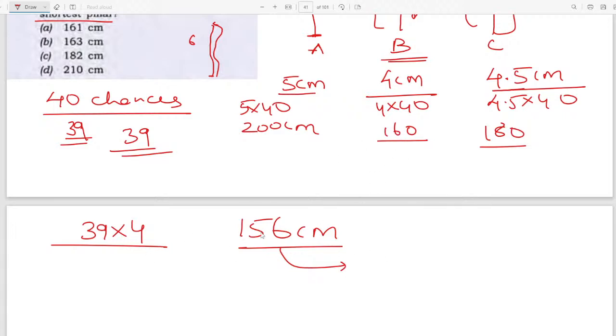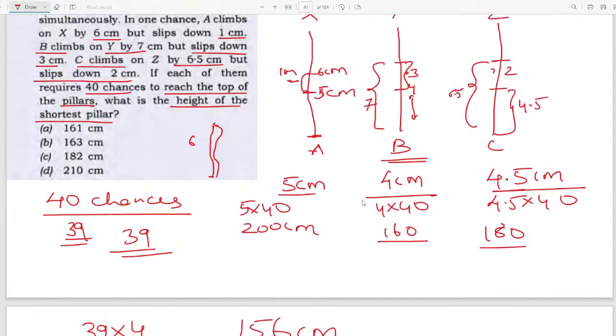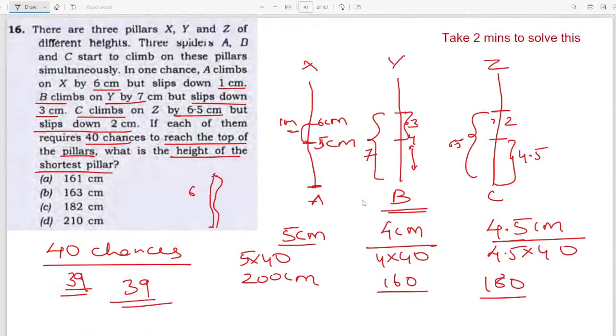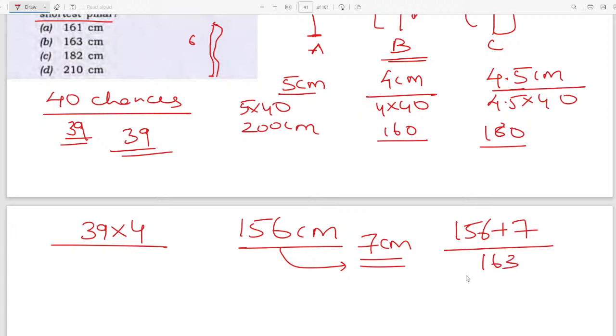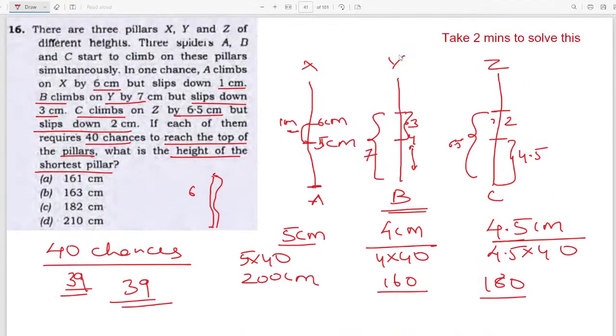Yeah, 156. And in the 40th attempt, Y, that is B, climbs 7 centimeters. So when it climbs 7 centimeters, it reaches the top. That's it. So we have to add 156 plus 7. This is 163. So the height of the pole Y is 163.